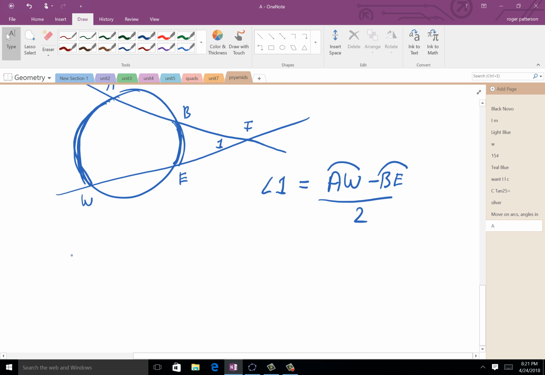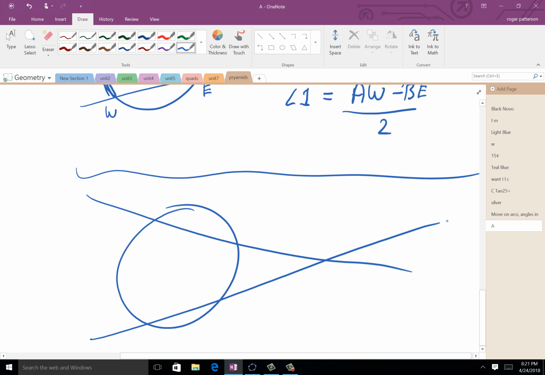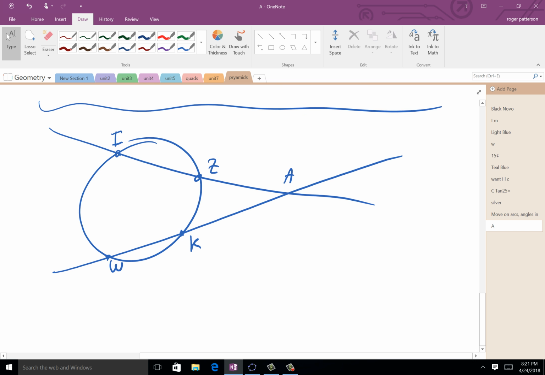So let's do a couple of examples of the secant properties that we're talking about here. So let's do this one here. I'm going to draw another secant. More secants. So let's say that this here is 8.